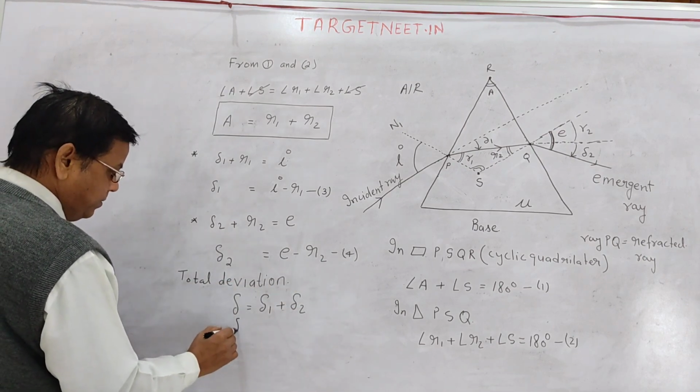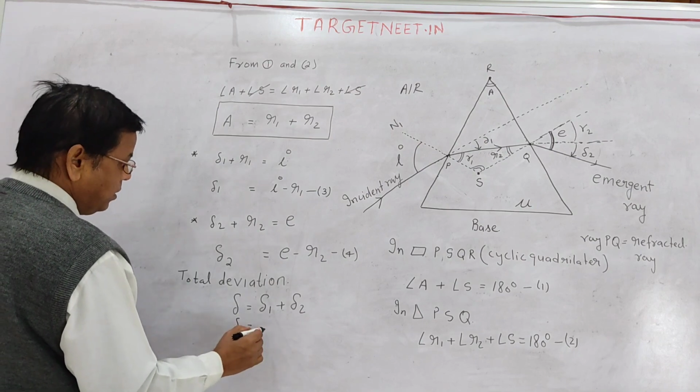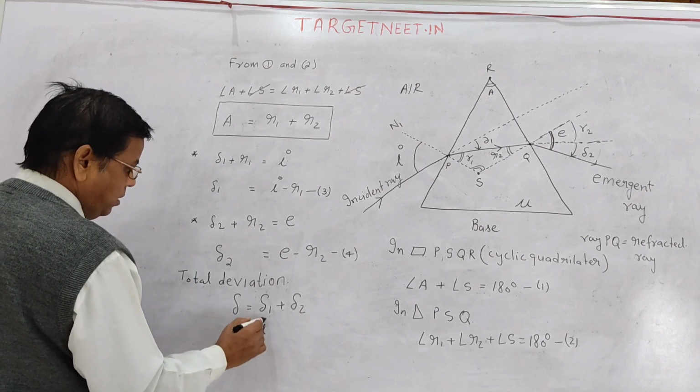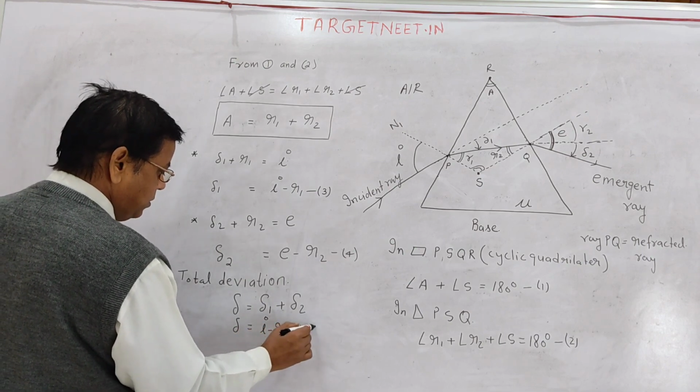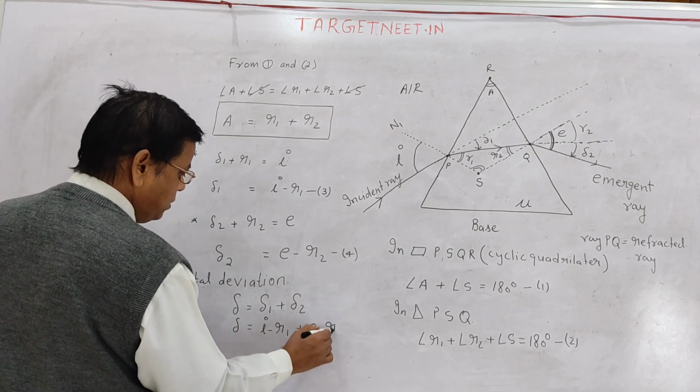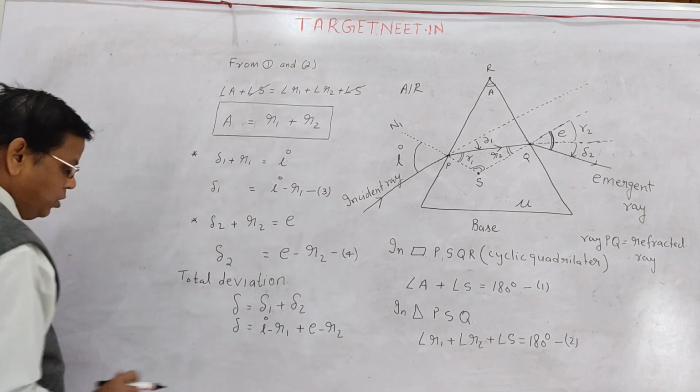So we can write I minus R1 plus E minus R2. This is the total deviation.